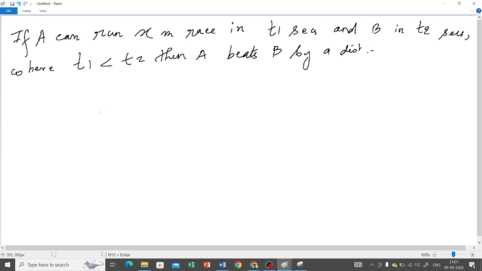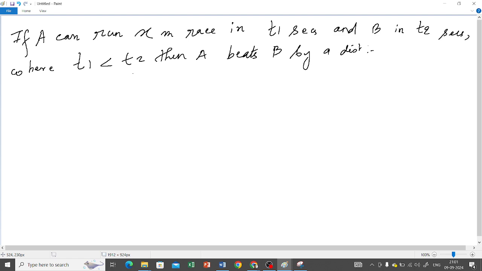If A can run x meter race in t1 seconds and B in t2 seconds, but t1 is less than t2, then A beats B by a distance.